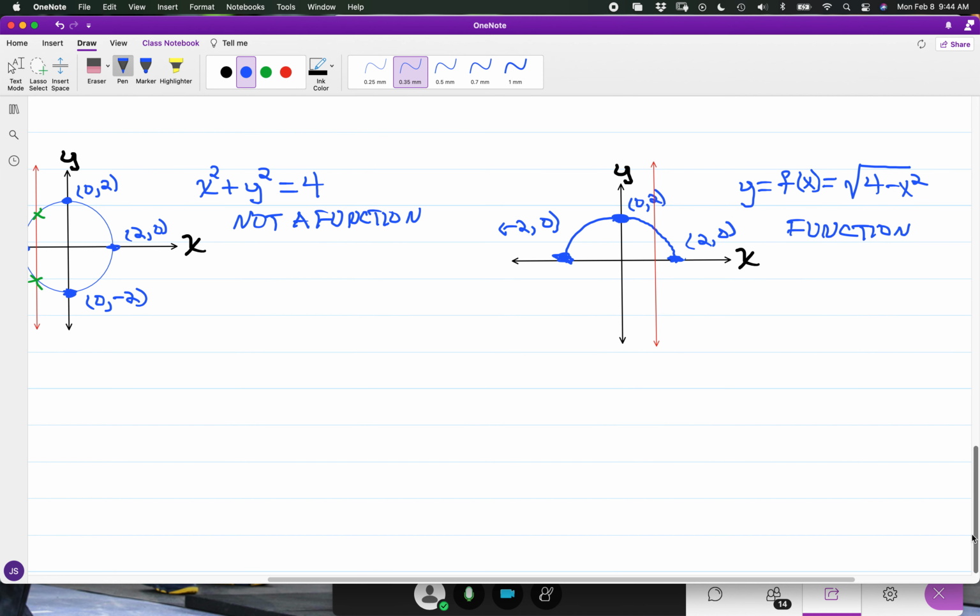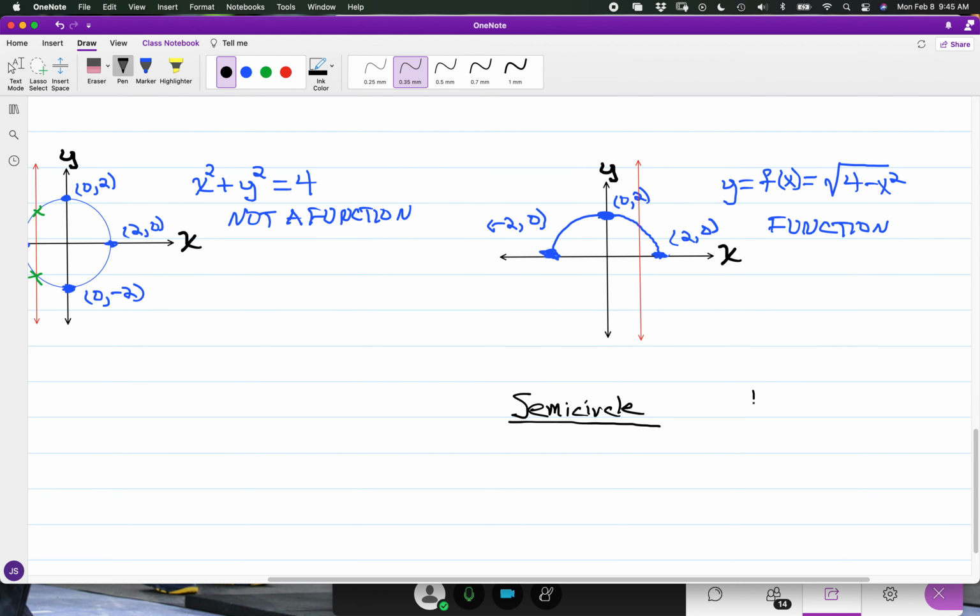Let me give you a composite summary, especially with semicircles, and whether we're going to have a function or not.